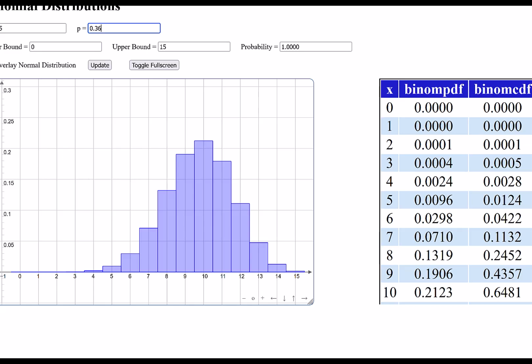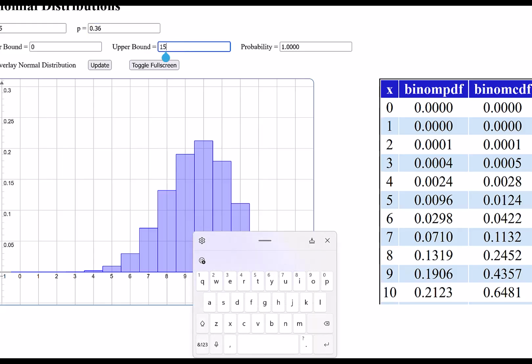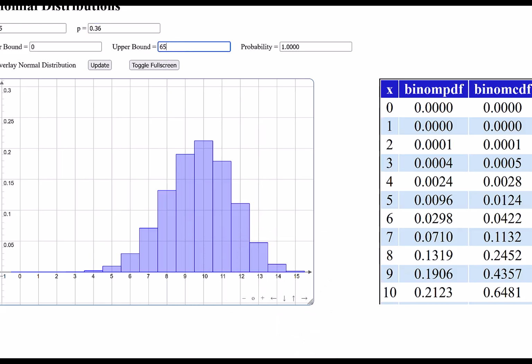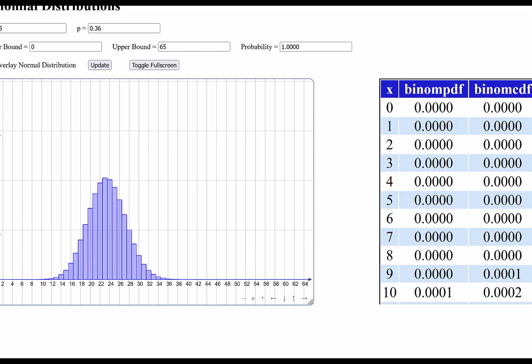And I'll just set this as 65 for now, that's the maximum. It's going to show me the entire binomial distribution here for this value of n and this value of p.